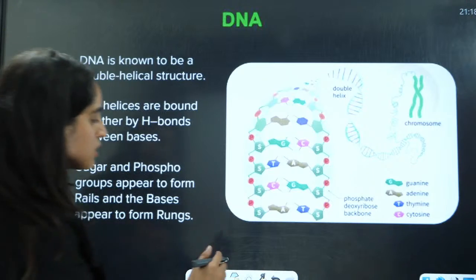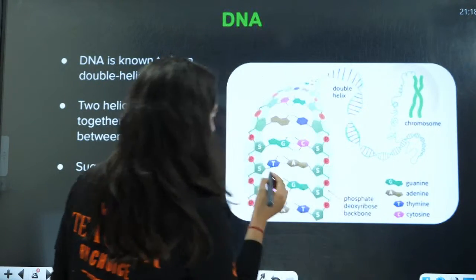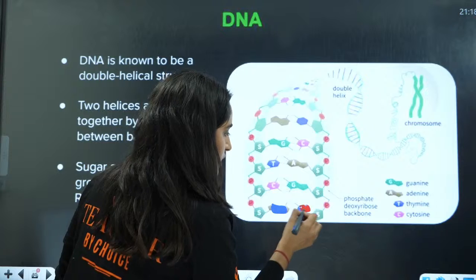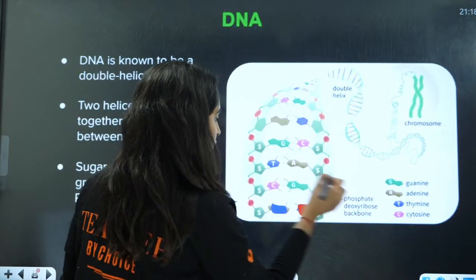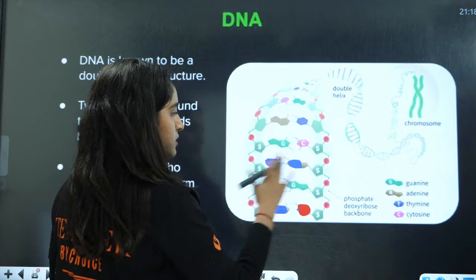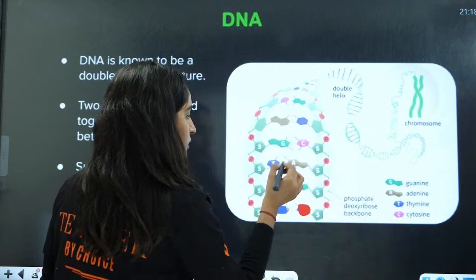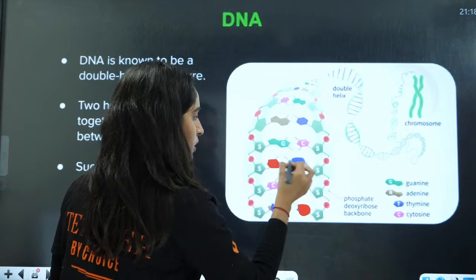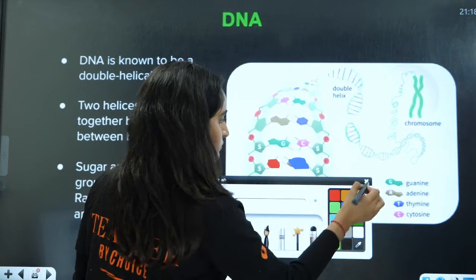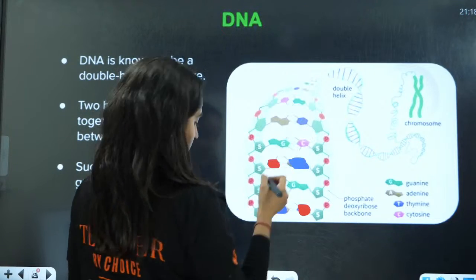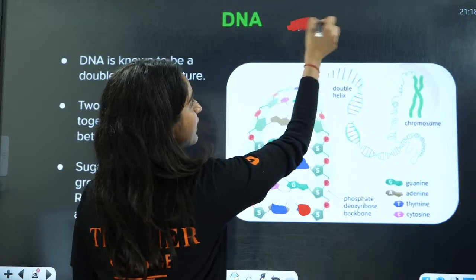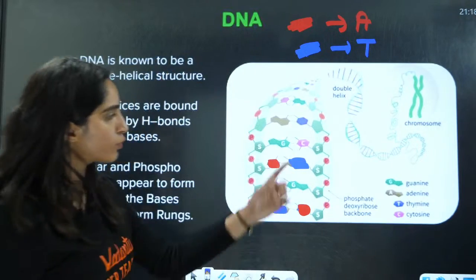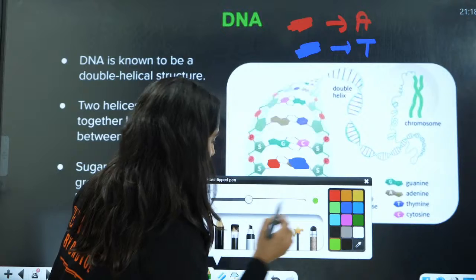Okay, let us see this structure. For example, you have this G here, this is A, and this is T. Here again, this is A, this is T. If I am representing red as A and blue as T, there are going to be units like this, and they will be hydrogen bonded here.